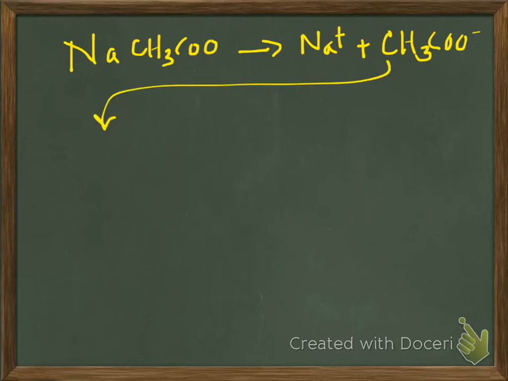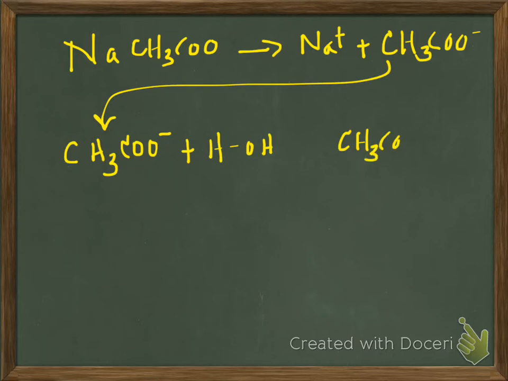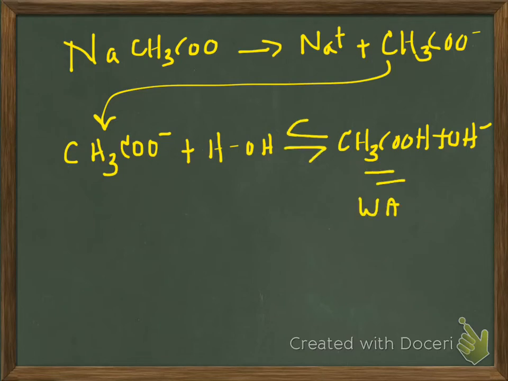Well, this acetate ion in solution, again, remember, thinking of water as an HOH, would form acetic acid and a hydroxide ion. This is a weak acid, so there will be an equilibrium set up. When this equilibrium is set up, I'm going to liberate hydroxide ions. This solution will be basic. It's kind of weird because it makes a weak acid, but the solution ends up being basic.